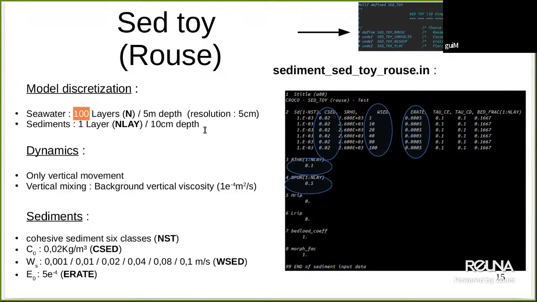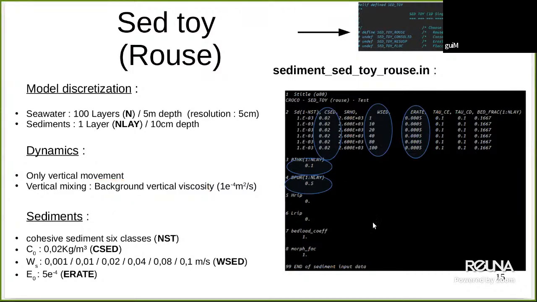So you see it here, as you know now, on the thickness part here. And also the dynamic. Okay, so we are using only vertical movement. It's a background vertical viscosity. It's a constant.